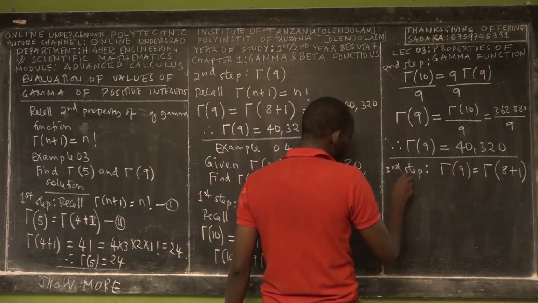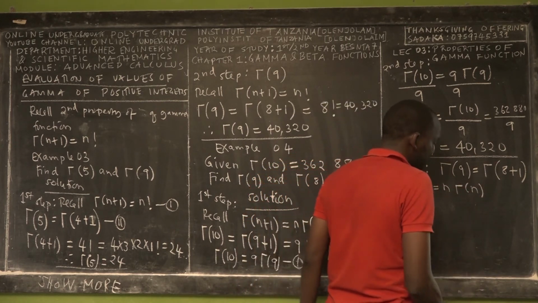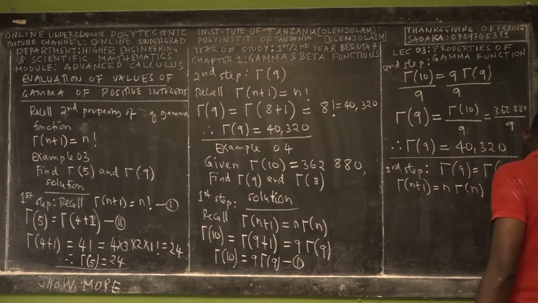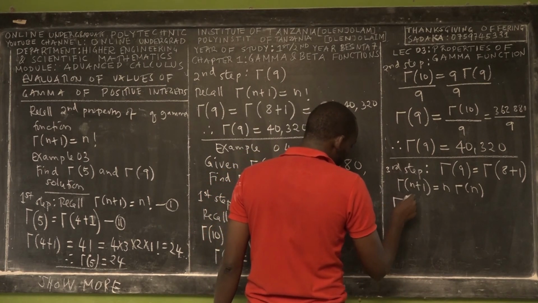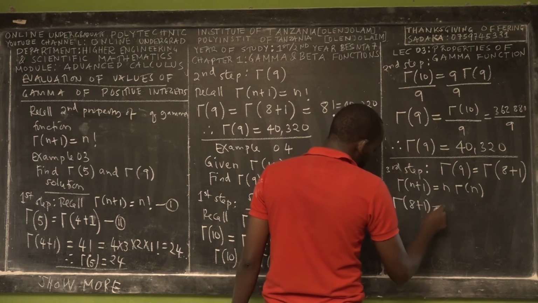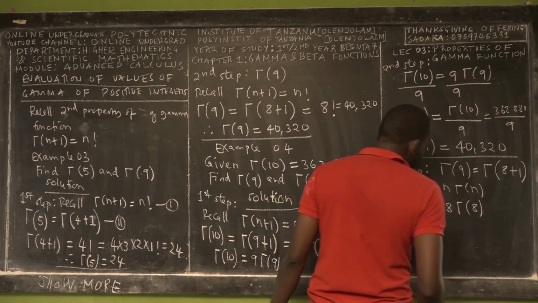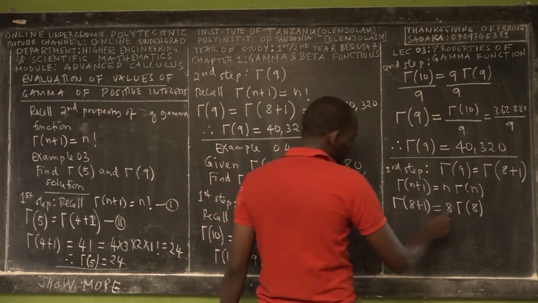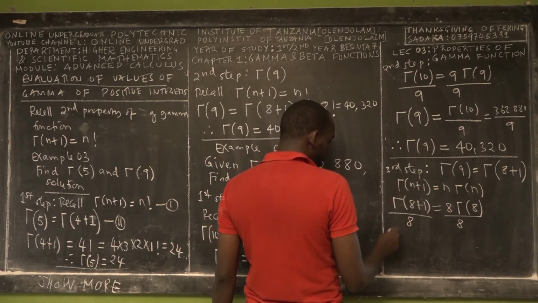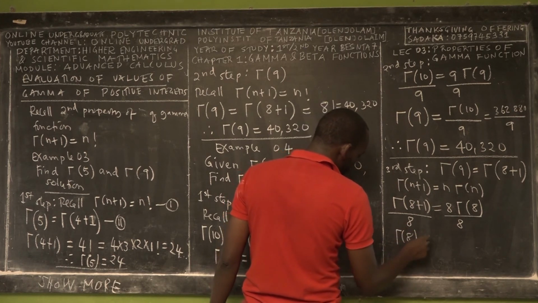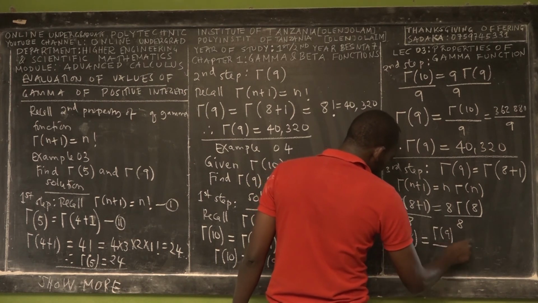So from the property that gamma of n plus 1 is equal to n gamma of n, gamma of 8 plus 1 is equal to 8 gamma of 8. So looking for gamma of 8, you divide by 8 and this one divide by 8. So then we find that gamma of 8 is equal to gamma of 9 over 8.